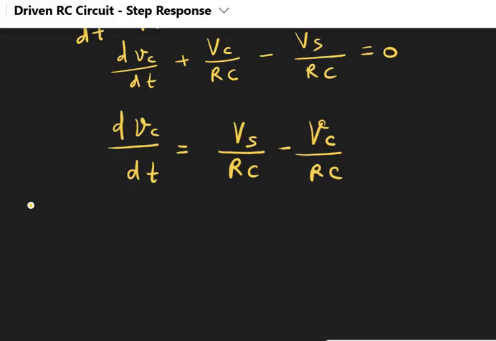Then we take the minus sign outside and 1 upon RC outside, so inside there will be Vc minus Vs, because we have taken the minus sign also common.